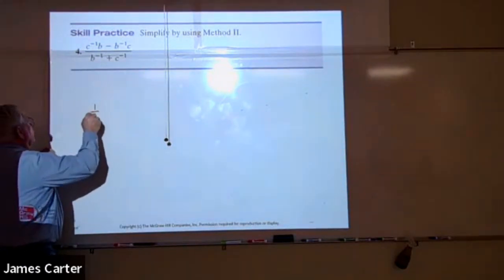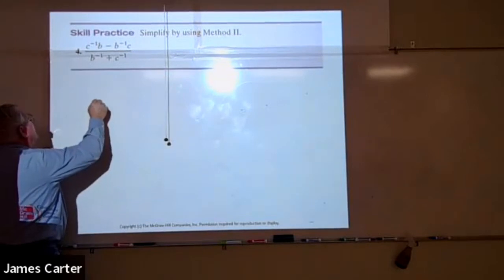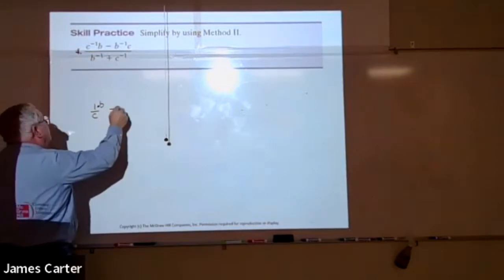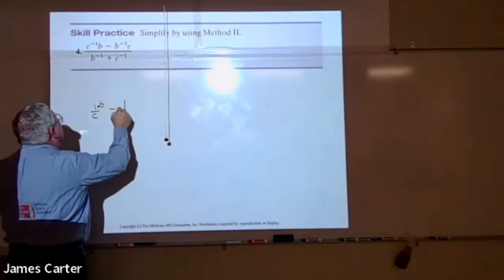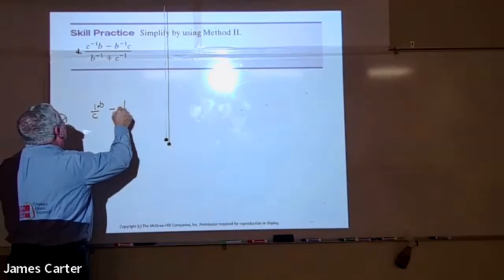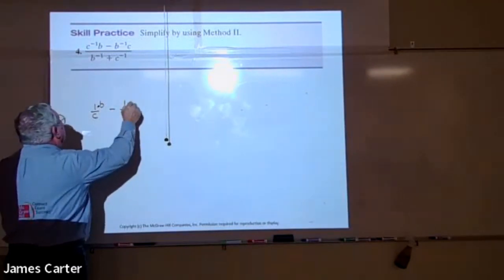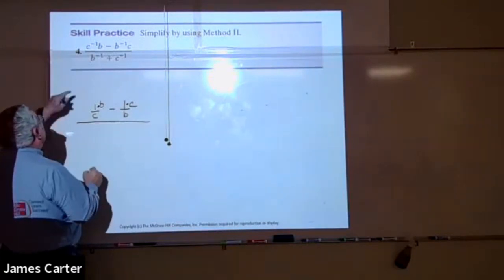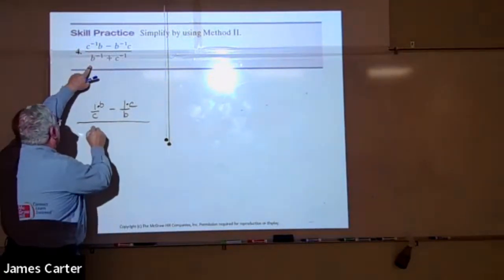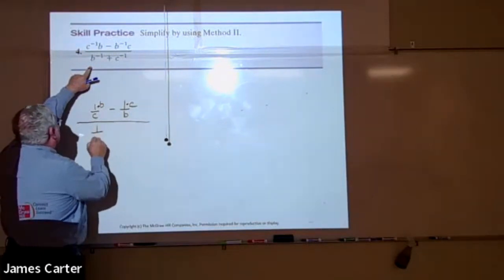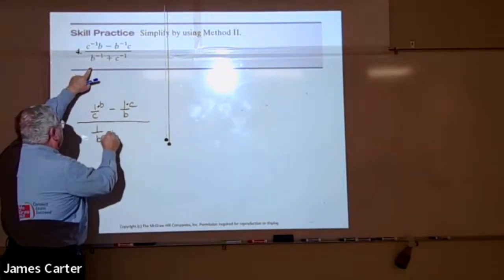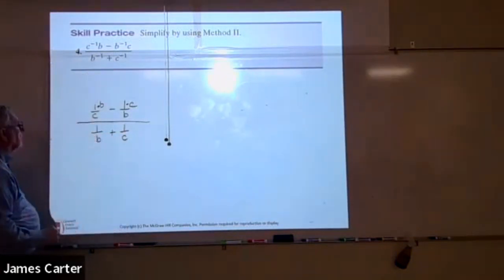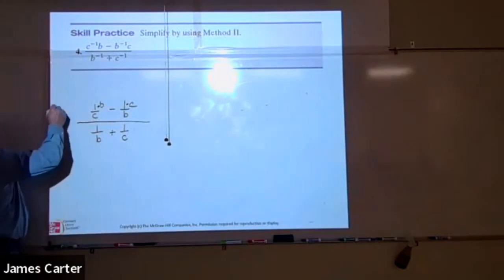This is 1 over C times B minus 1 over B times C. Down here, this is 1 over B. And here, this is 1 over C. So what is my least common denominator?